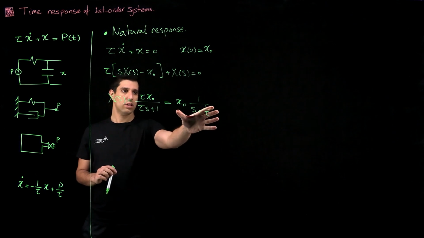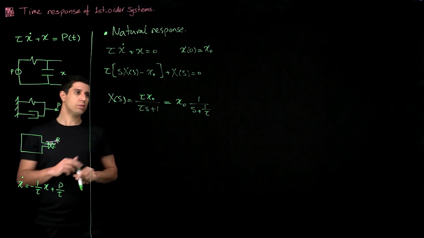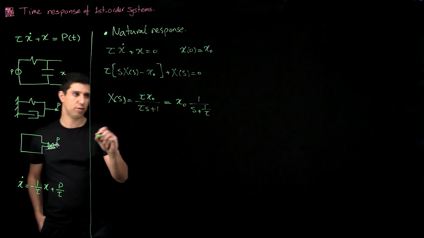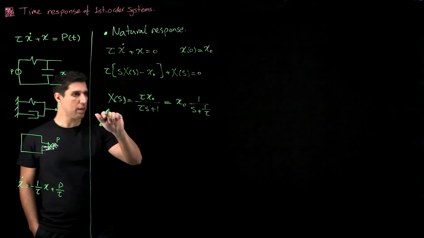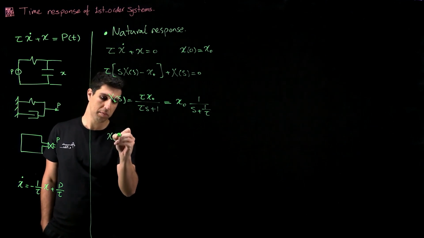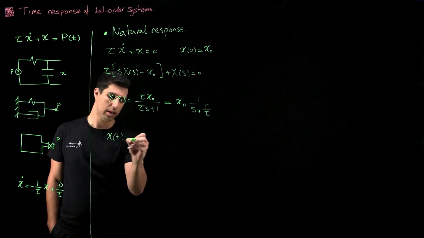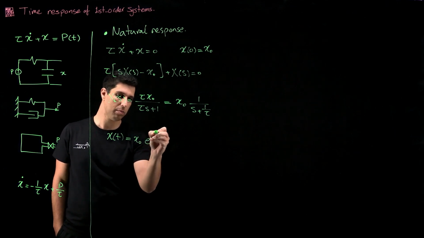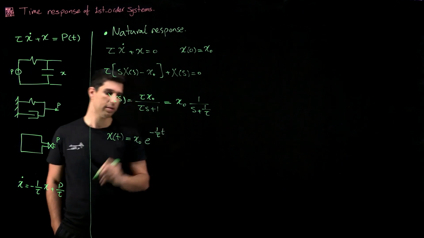And this is one of the most basic forms for a Laplace of a function. If you look up the table or think about it, its equivalent time domain function is x naught e to the minus 1 over tau t.